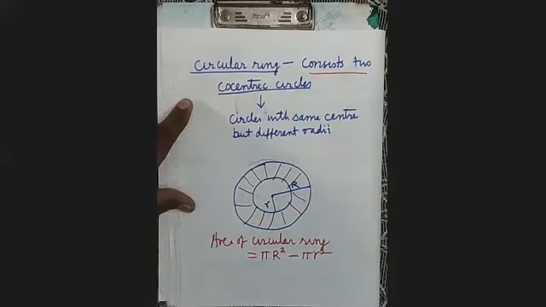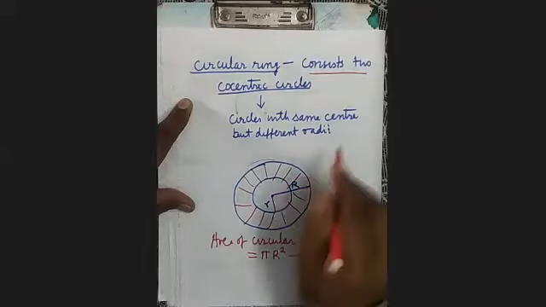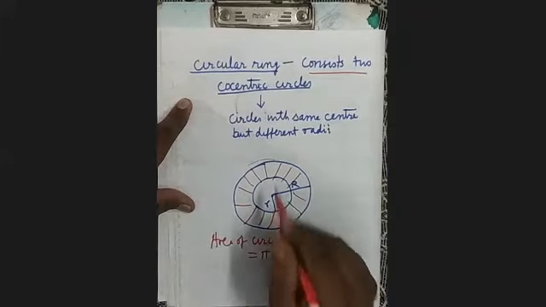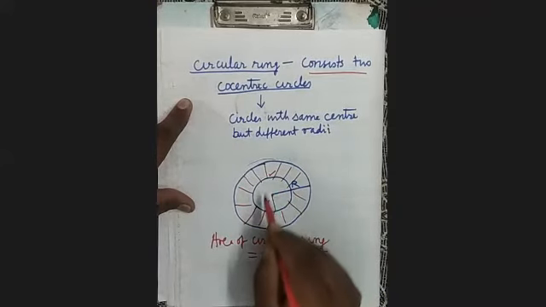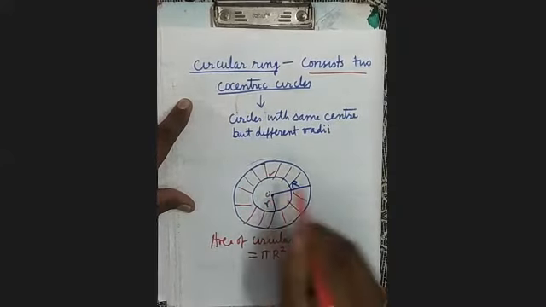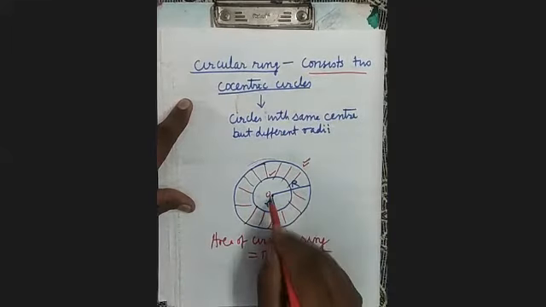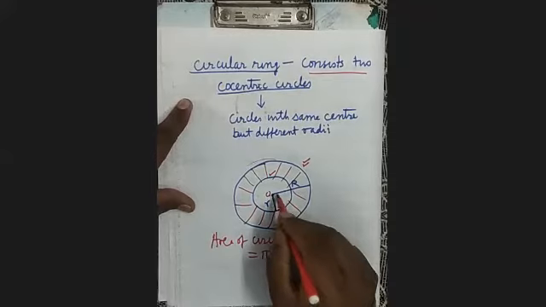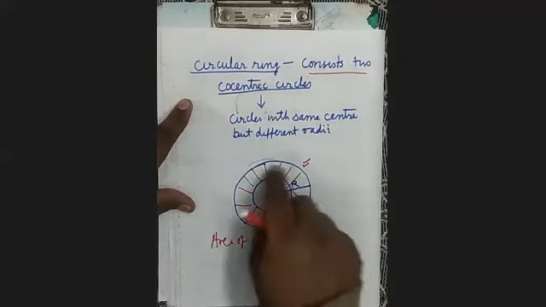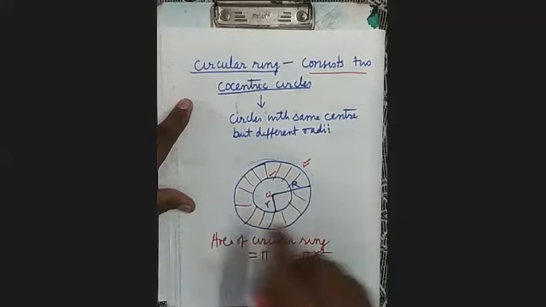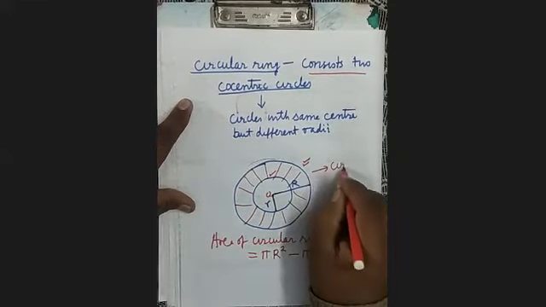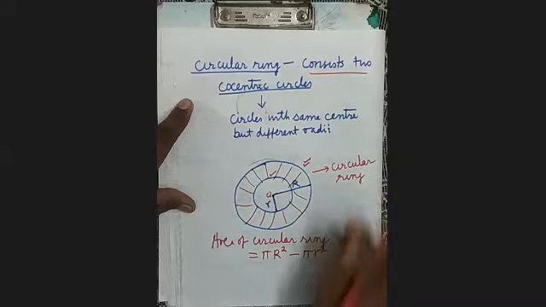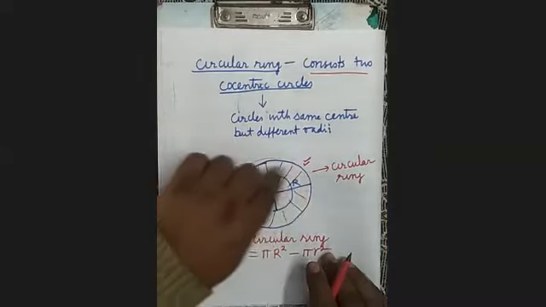What is the meaning of two concentric circles? Circles with the same center but different radius. Their center is the same. The center of this circle is O and the center of this circle is also O. But the radius of this one is small r and this one is capital R. So what is this region called? This is called the circular ring. This region is called the circular ring.